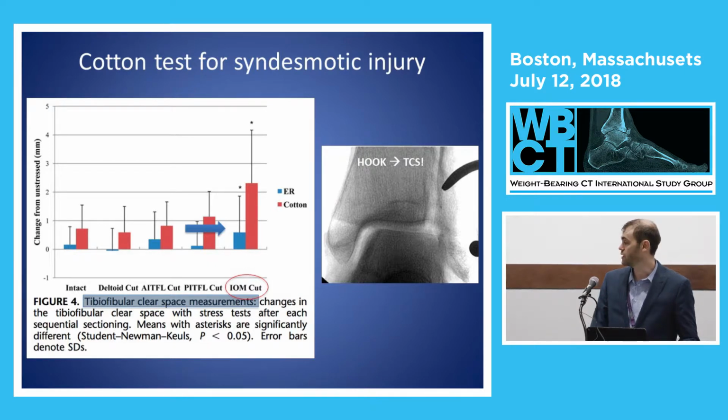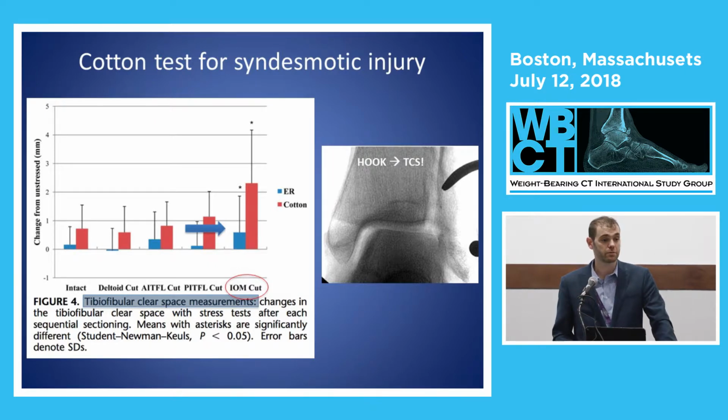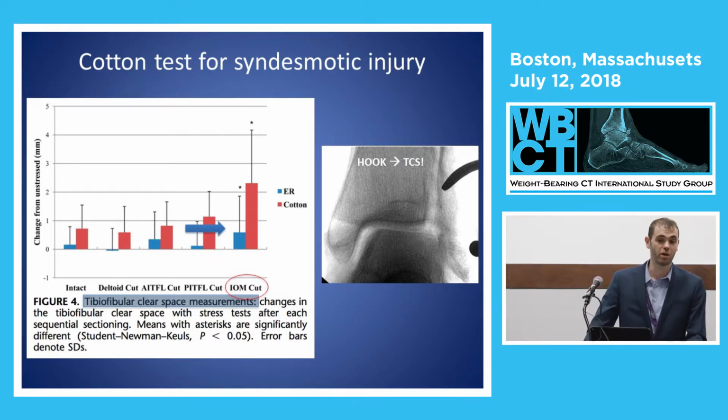Here, in this cadaveric study, which subsequent data has supported, you need all three syndesmotic ligaments, the AITFL, the interosseous ligament, and the PITFL, to be injured to generate instability, but it's probably the most reliable test, except I beg you to find me a patient that wants a tenaculum put around their fibula in the office in order to have this diagnosed. So it remains largely an intraoperative test.